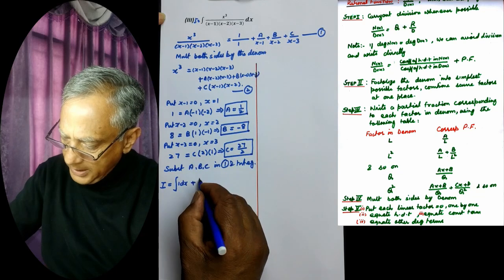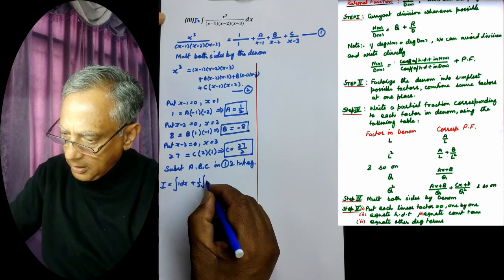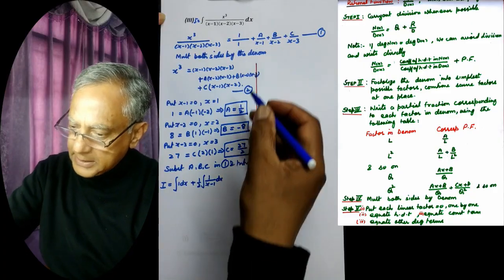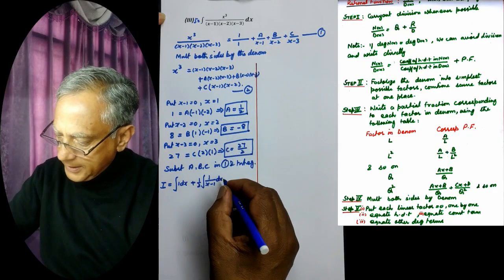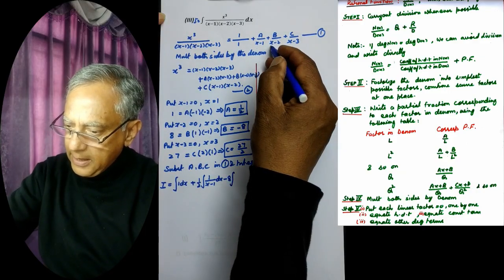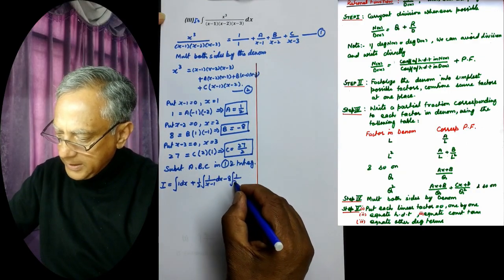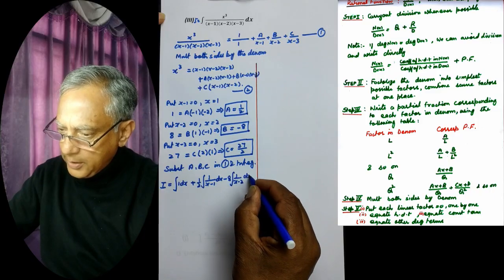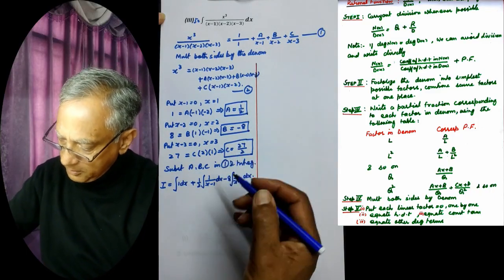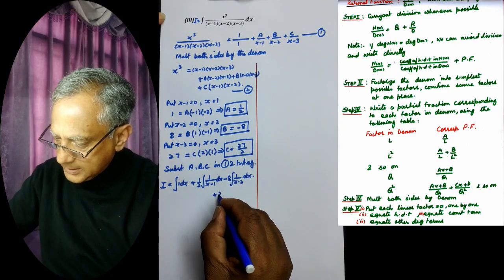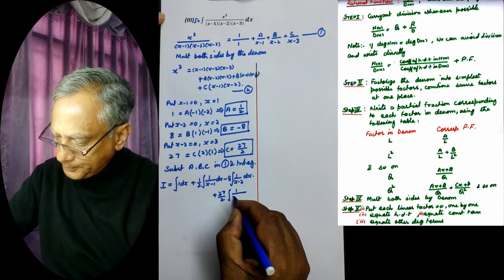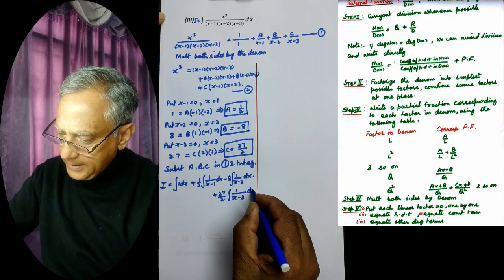So A is 1 by 2 into integral of 1 over x minus 1 dx plus B is minus 8. So this will be minus 8 integral 1 over x minus 2 dx plus C over x minus 3, C is 27 by 2, plus 27 by 2 integral of 1 over x minus 3 dx.